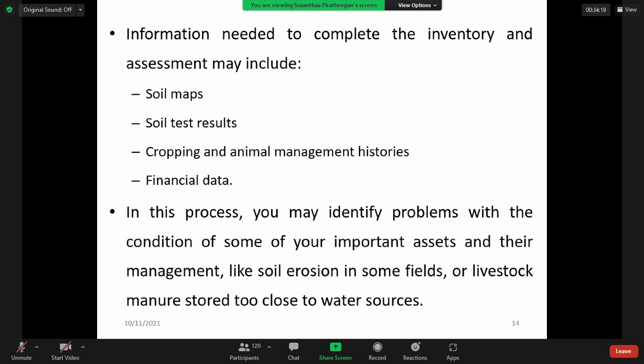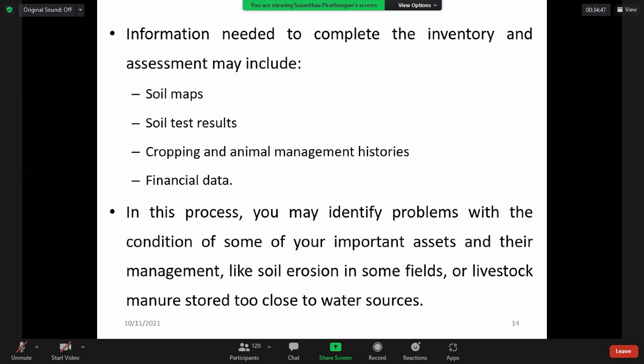In this process, you may identify problems with the condition of some important assets and the management, like soil erosion, whether the land area has soil erosion, or the water sources. When we have waste management, we check whether the water sources are very near to our waste management site.